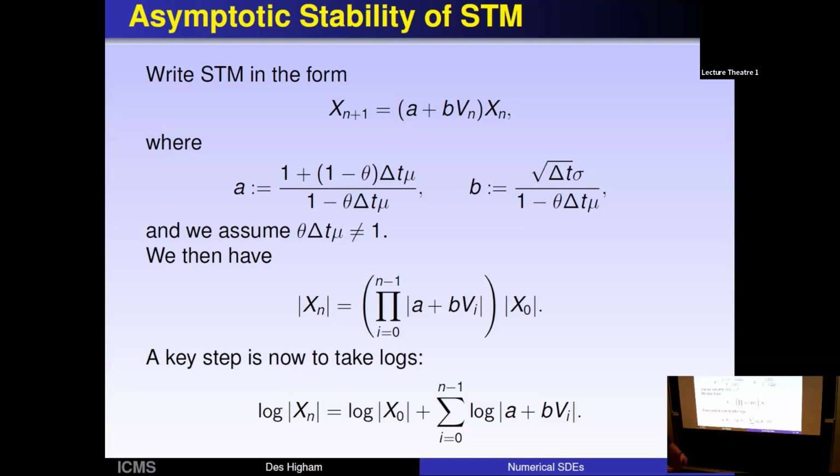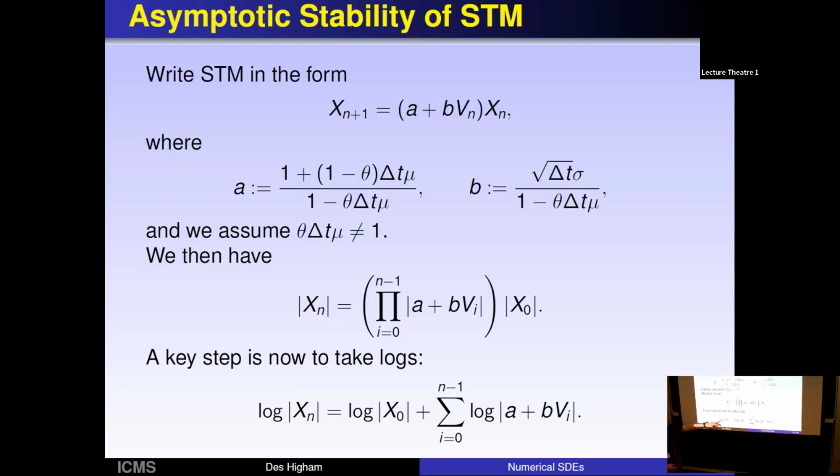So if we take logs in this expression, the log of this modulus now becomes the log of the initial condition plus the sum of the logs of these random variables. And we have lots of results about sums of random variables that we can appeal to. So it's a much easier world to live in than the world of products.